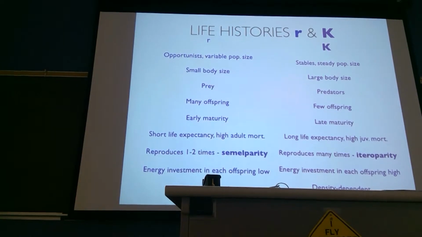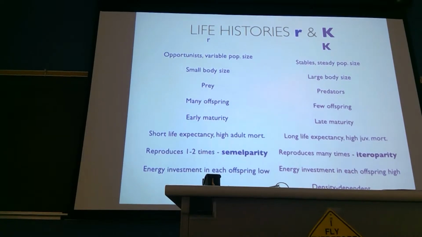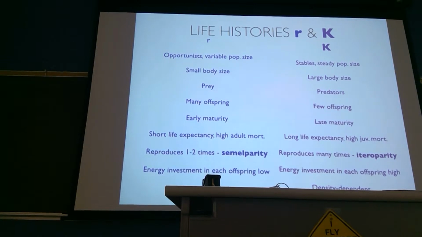And they tend to be defined in terms of population size by density-dependent interactions. Competition, predation, toxic waste buildup, disease tend to influence carrying capacity and thus how big their population is going to be.